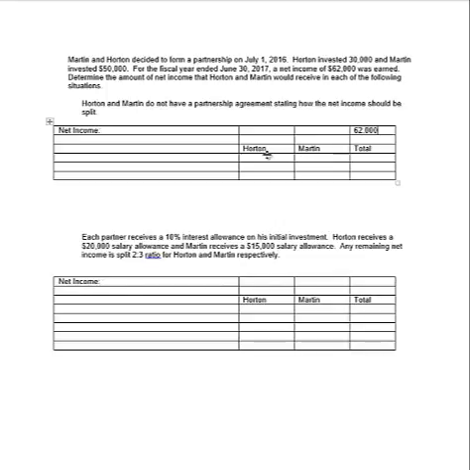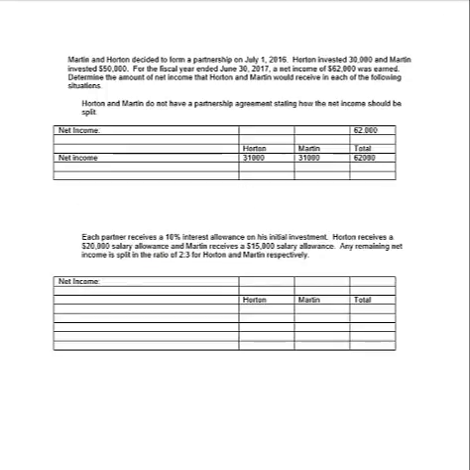Well, according to the law, since there is no partnership agreement stating how the income should be divided, the income must be divided equally. So each partner will get half. So Horton will get $31,000 and Martin will get $31,000, which totals the $62,000 in net income.